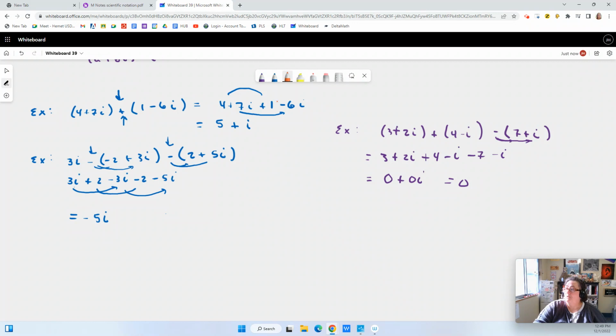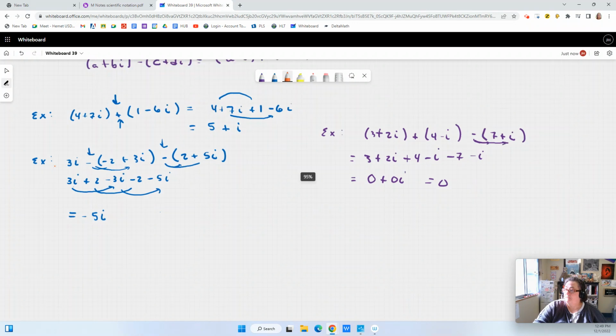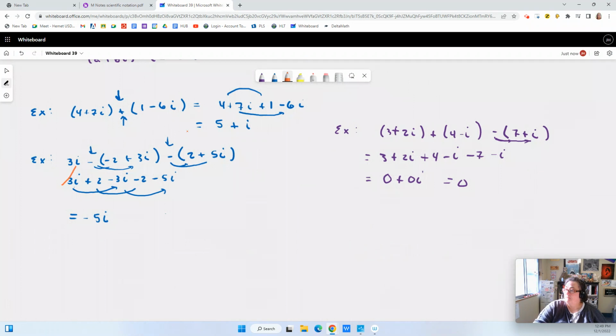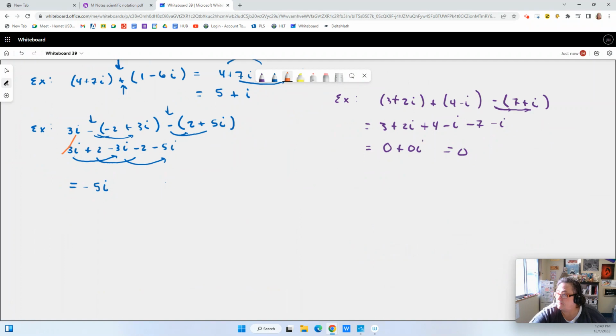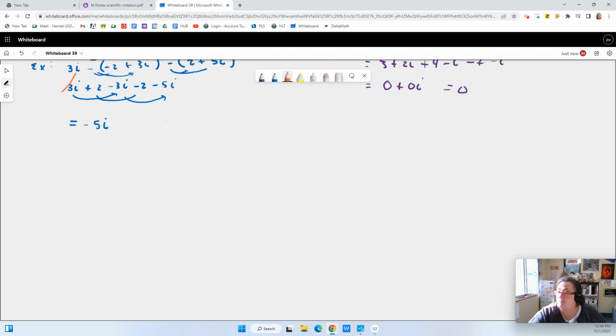Multiplying. When we're multiplying, we're going to use a lot of distribution, right? So, for example, everything still, like we'll FOIL or distribute, just like you're multiplying anytime you have variables. It's going to work the same way.